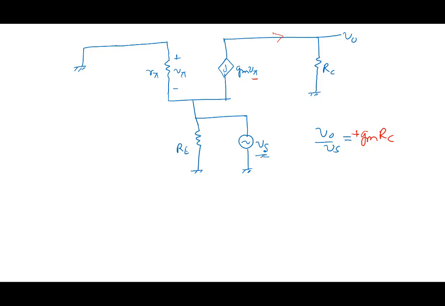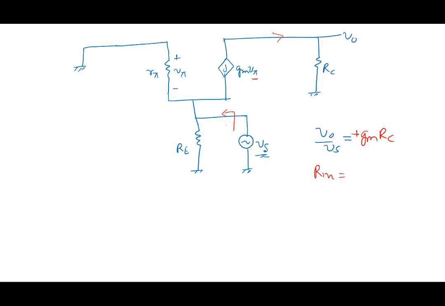So it's plus RC. Now Rin, can we say what will be Rin? Looking from here, from the source side. Remember, that's the same thing that we had written earlier. Rin would be what was earlier R0, right? RE in parallel, same, R pi by 1 plus Gm R pi.